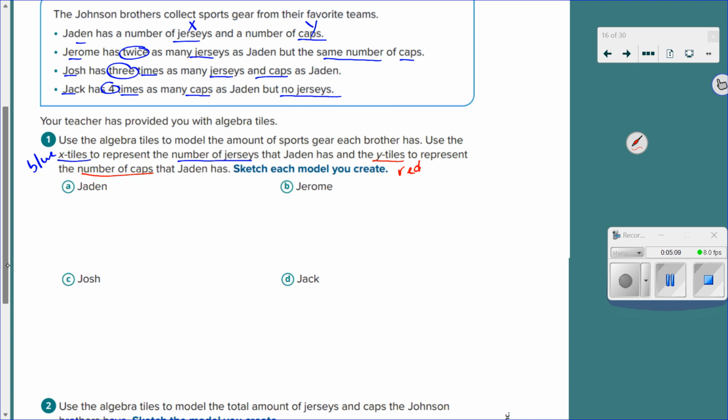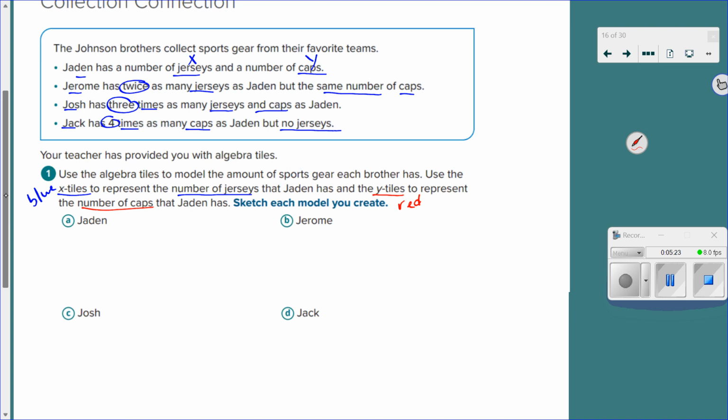So I'm going to get you started because we found out last class this is an issue. What you're going to do is use the tiles to model what each person has. So for Jaden, Jaden has a number. What does a number mean? How many is that? A variable, but how many? One. So how many does he have for the caps?